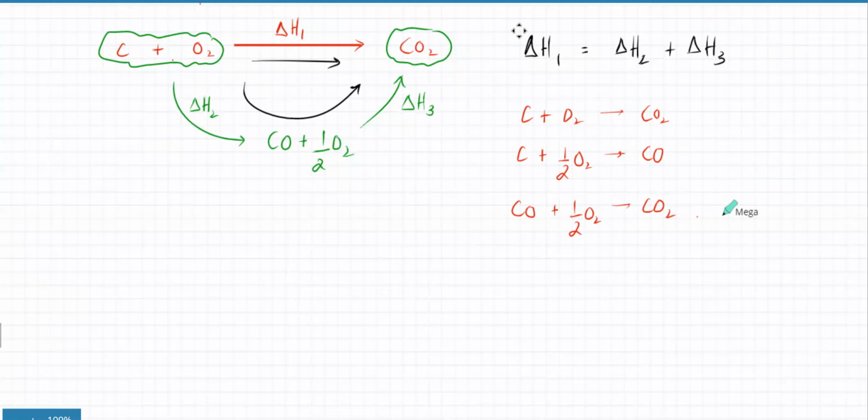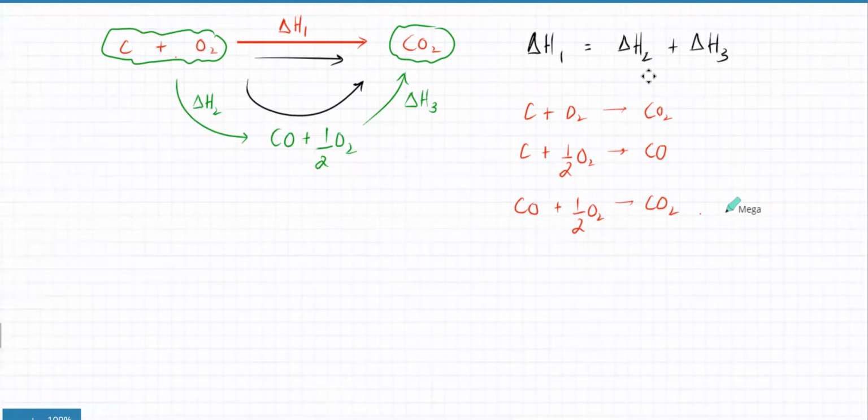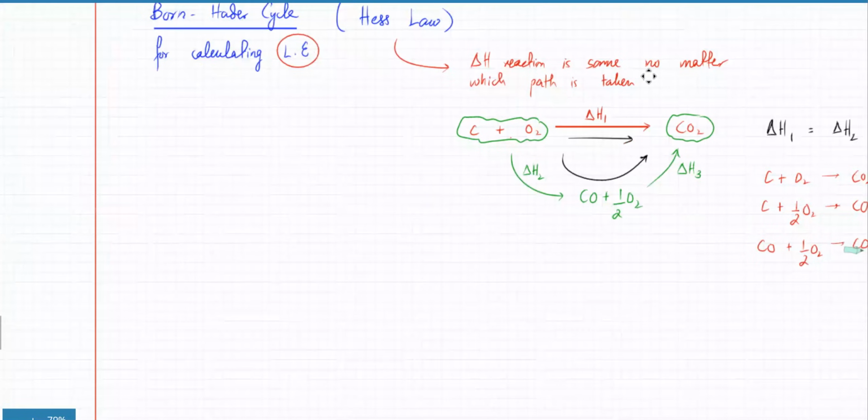And what the advantage of this is that if you know the enthalpy changes of two of the reactions, you can figure out the enthalpy change of the third reaction by just plugging in the values. And if delta H3 is unknown, you can find delta H3 by using delta H1 and delta H2. Okay, so is that clear? Yes, sir.